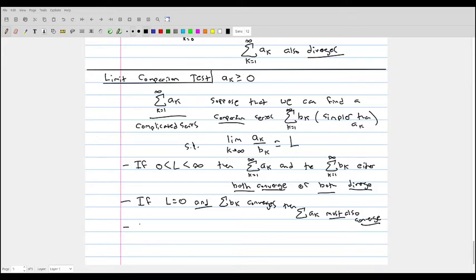And likewise, if this limit is equal to positive infinity and the sum of the bk diverges, then this implies that the sum of the aks must also diverge.